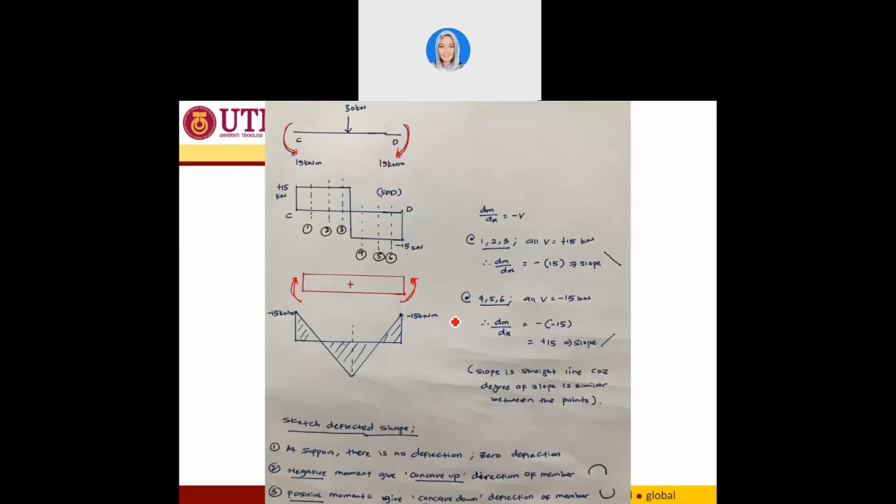And how am I going to draw the line between these 2 points? Whether it is going to be similar to the previous one, a curve like this one, or I have to make it a straight line like this. If you look into the equation that we have, dM/dx equals -V.